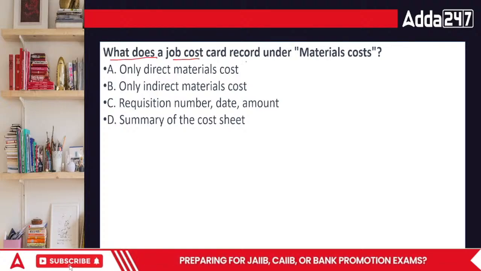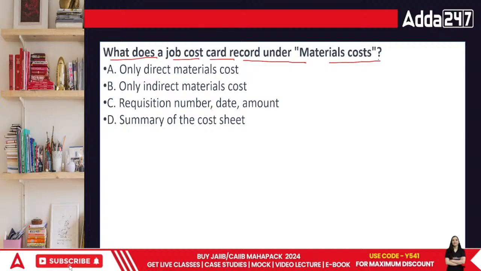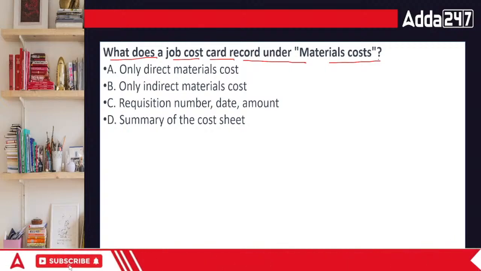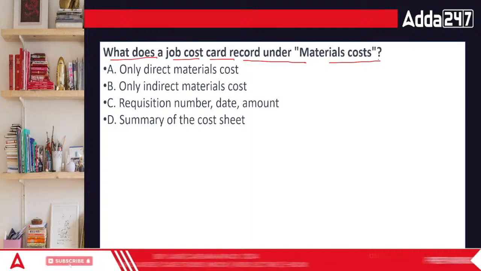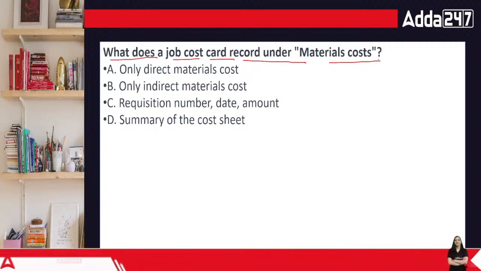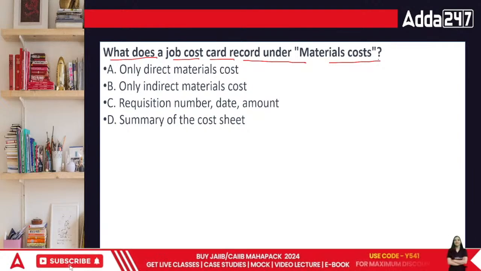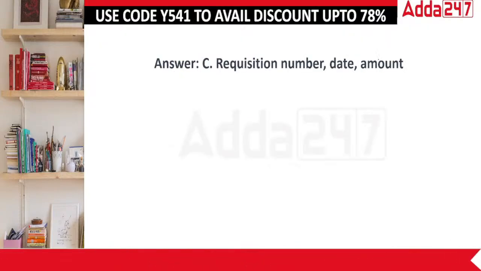What does the job cost card record under material cost, everyone? Only direct material cost? Only indirect material cost? Requisition number, date, amount, summary of the cost sheet. Material cost. That means it includes all the cost related to the material only. Direct material, everything else has to be included.